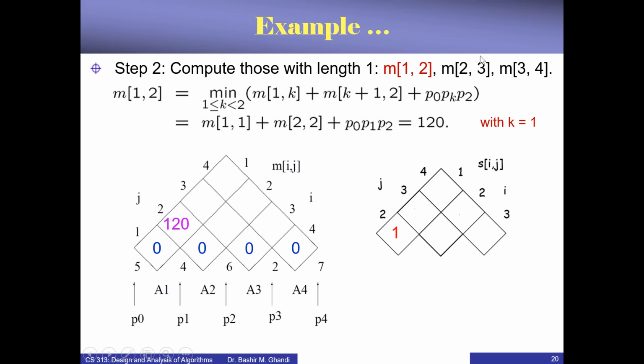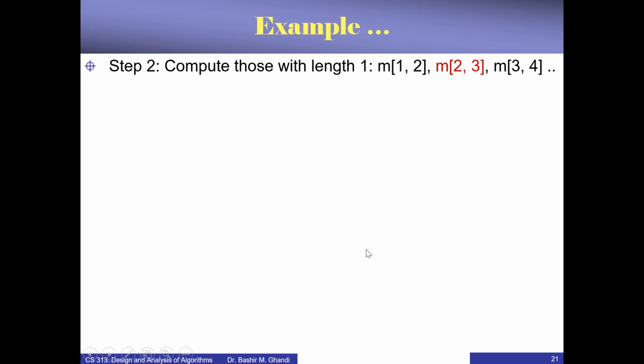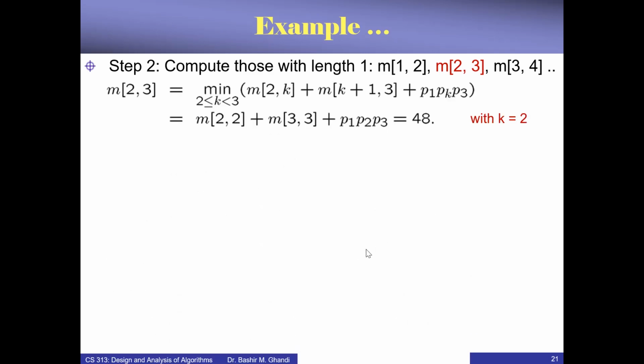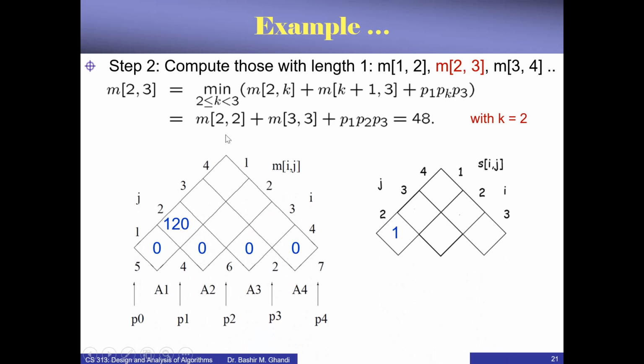Okay, next we're going to consider the next problem of size 1, which is M23. For M23, the only possible value of k is 2. And therefore, if you substitute it, this is what you have. So again, you will see that M22 and M33 are all zeros.